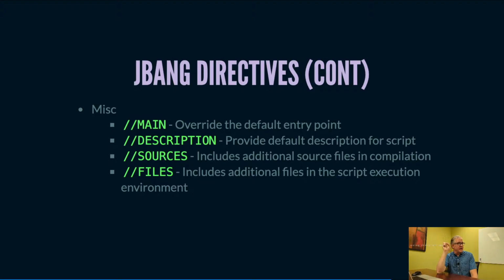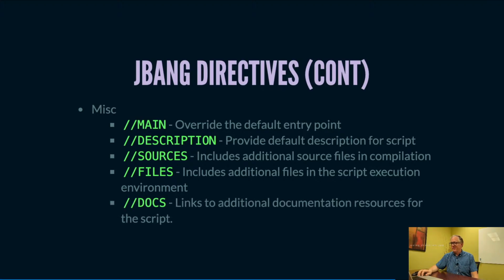Especially with the Quarkus integration, there's an application.properties file that you can put your configuration in, and this will make sure that those specified files are available at runtime for you to look up in your classpath as you normally would. There's also a link to documentation. I've not seen an example of that, so I don't know what that looks like, but you know it's there, so if you find yourself needing that, you know what to look for. Sometimes that's the important part.